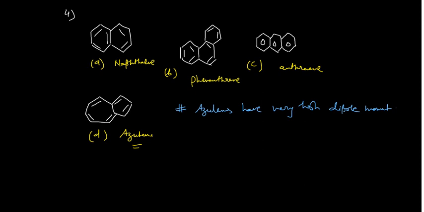How will they have the very high dipole moment? This is something very, very interesting. Azulene generally forms a dipolar structure, and in this dipolar structure, both the rings are aromatic. So how can we see that? Say for example, I am moving the electron of this one. This electron pair would come here, then definitely this will move here, and this will come here, this will go there, and this will come here.